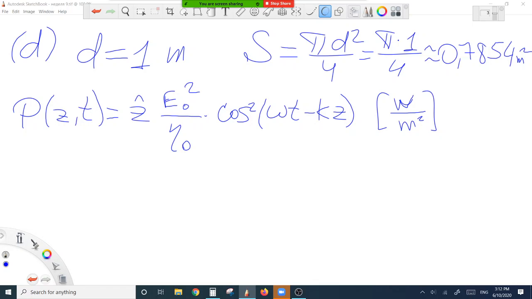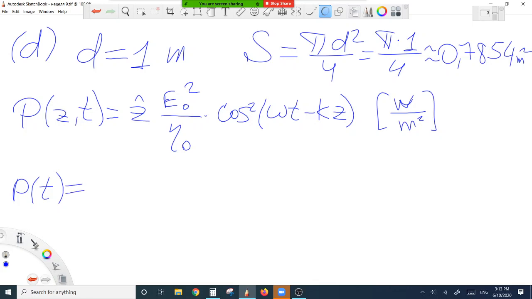In order to find power, first we find the instantaneous power received by the antenna, and after that we find the time averaged power received by the antenna. Now, in order to find the instantaneous power received by the antenna, we take the instantaneous power density and multiply it by the surface of the antenna.